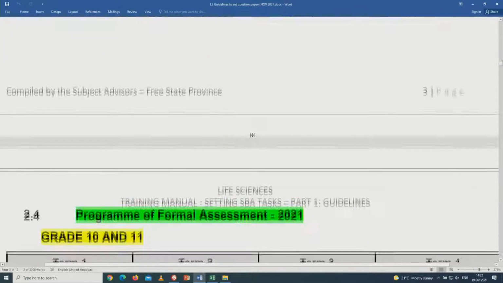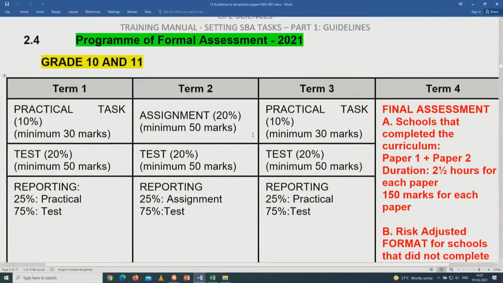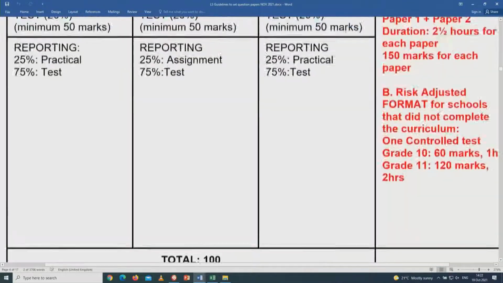Now, viewers, you cannot set a paper when you don't know what to set on. Earlier this year, we gave teachers in the Free State, after a discussion with people at DBE, this program of formal assessment for this year. And I'm not going to refer to all of this in this table. But grade 10 and 11 has exactly the same distribution up to the end of the year.